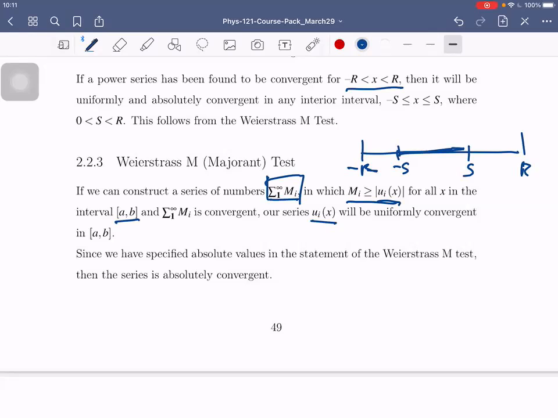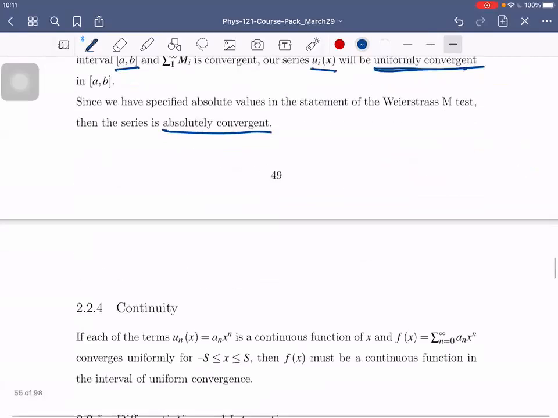Okay? So, since we have specified absolute values, ibig sabihin, absolutely convergent. Okay? Tandaan nyo yun, ha? Kapag kukuha ka nung tinetest mo yung absolute value ng isang series at nakuha mo na convergent, that's also called absolutely convergent. Alright? So, if you're able to show na uniformly convergent siya, and ang ginamit mo rin na absolute value, so uniformly convergent na siya, absolutely convergent pa siya. Okay? So, let's continue.